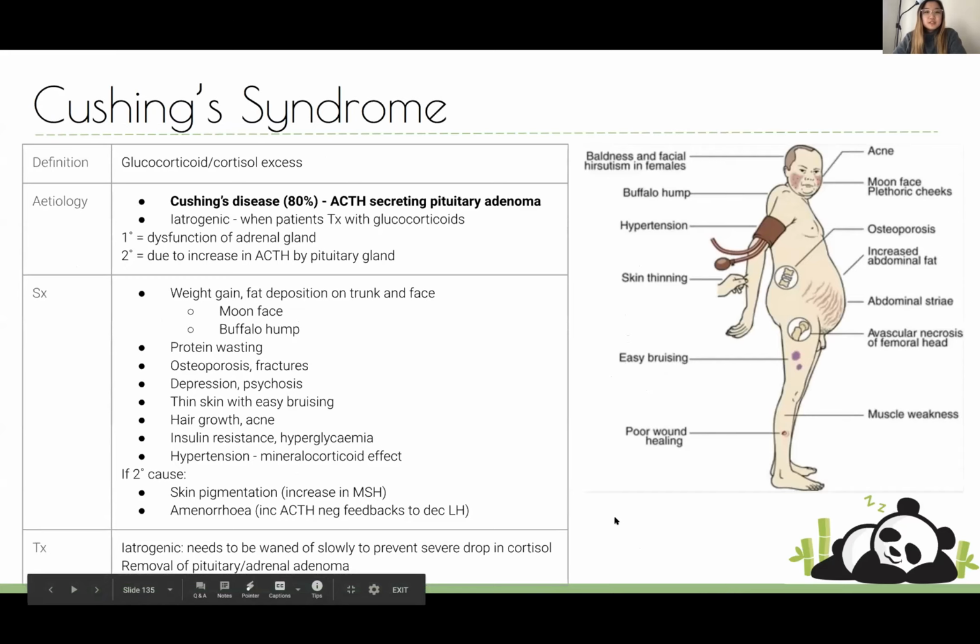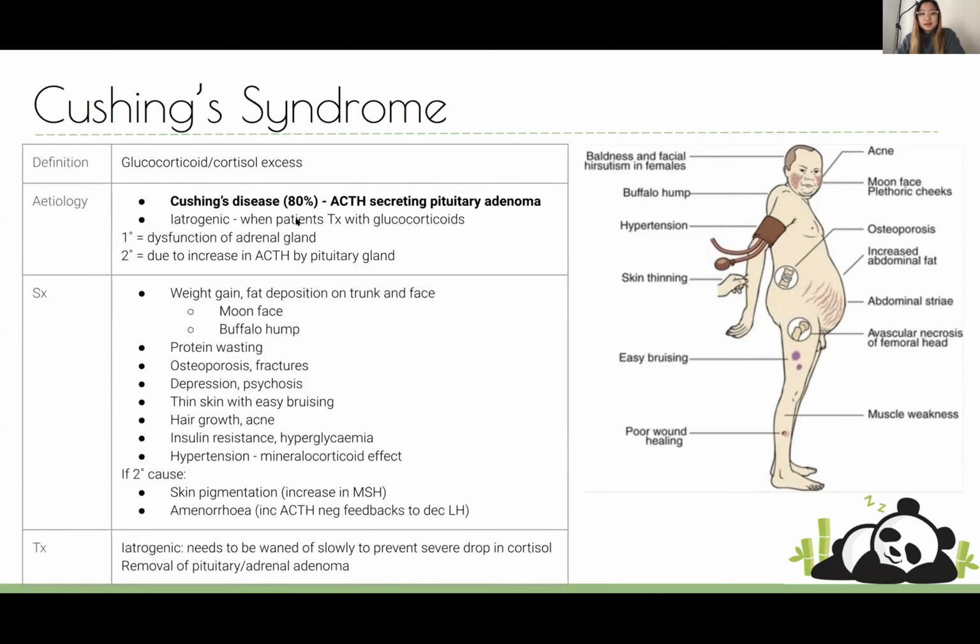Alrighty, so Cushing's syndrome, and it's not disease, it's syndrome. That's an excess or an increase in your glucocorticoids or your cortisol. 80% of it is due to Cushing's disease, which refers specifically to an ACTH secreting pituitary adenoma. Another important cause is an iatrogenic cause, when patients are given glucocorticoids because they're a really good immunosuppressant, which is required in some management.